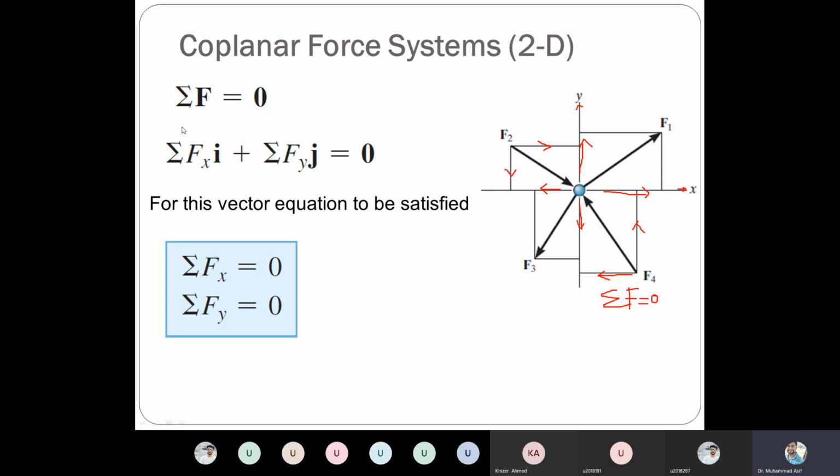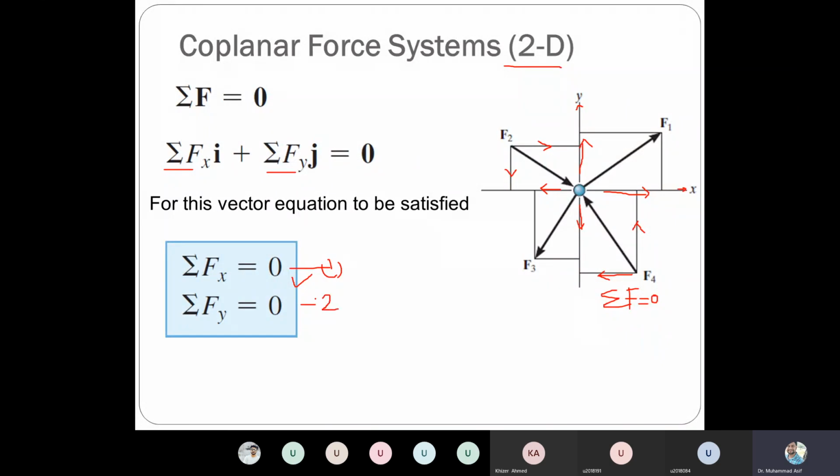In order to satisfy this equation, the sum of Fx in the i component and the sum of Fy in the j component is equal to zero, then each one should also be equal to zero, right? Sum of all the Fx is equal to zero, sum of all the Fy is equal to zero. So that means in a two-dimensional force system, we have two equations, equation 1 and equation 2.